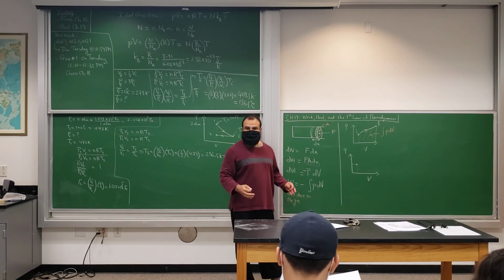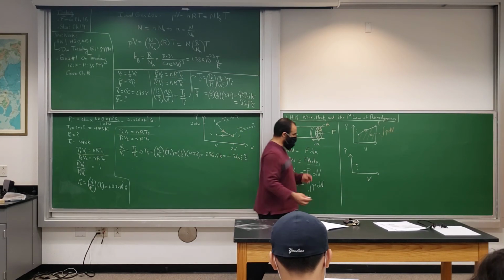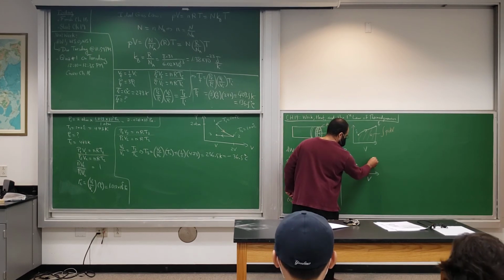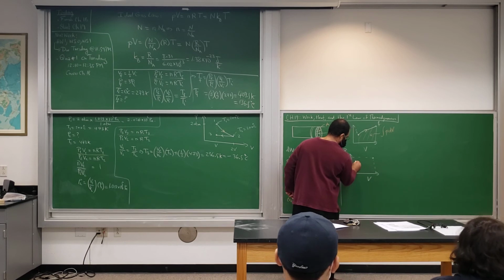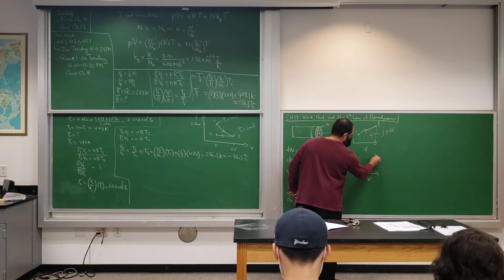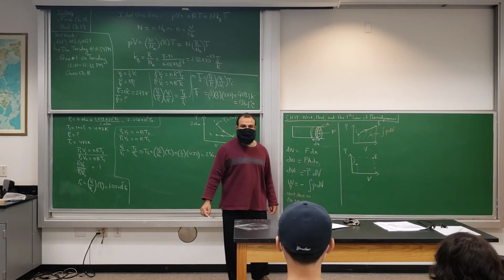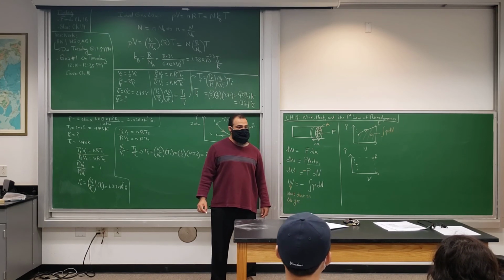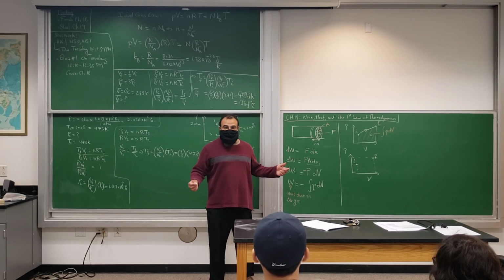And I say the gas went from this pressure and volume to maybe this pressure and volume. So this is the initial, this is the final. And next I calculate the work. Can you, or can you not? No. Why not? You don't know the path. We need to know the path, yeah.